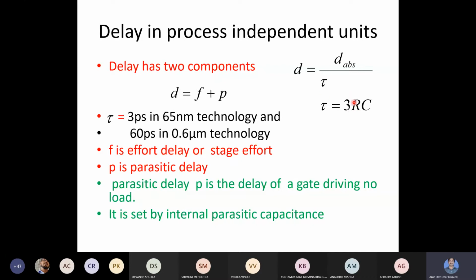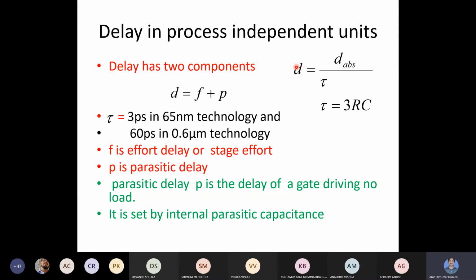Tau is 3 RC, and R and C are the resistance and capacitance in the specific case of circuits. And generally this tau is 3 picoseconds in 65 nanometer technology, and 60 picoseconds in 0.6 micrometer technology. This is the idea of tau, a typical value.